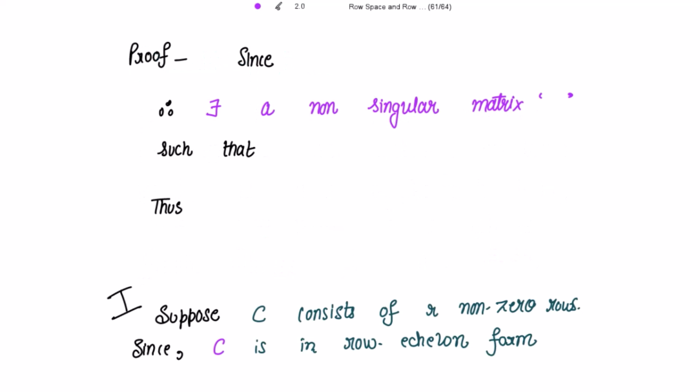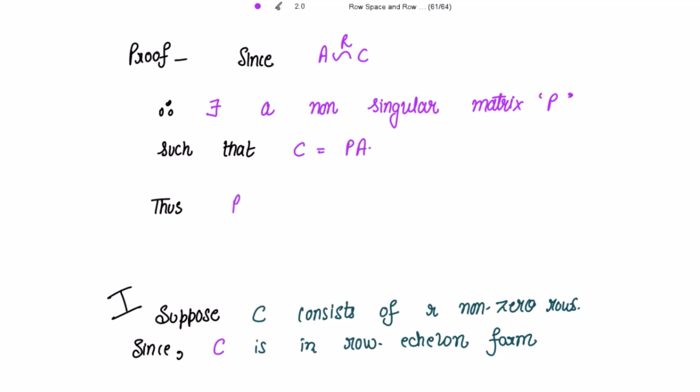The proof is almost the same as for the previous corollary 1, right? So let's start with the proof. Since C is obtained from A by applying row operations, there exists a non-singular matrix P such that C is obtained by multiplying P with A, right?